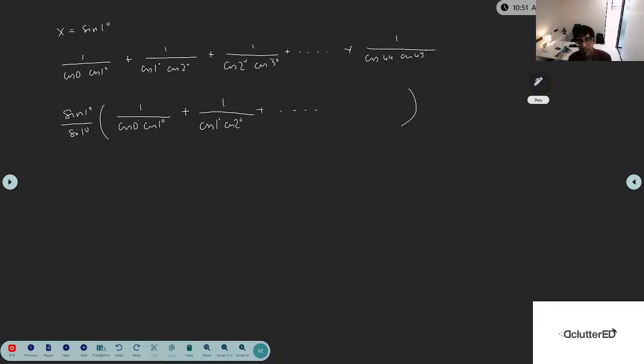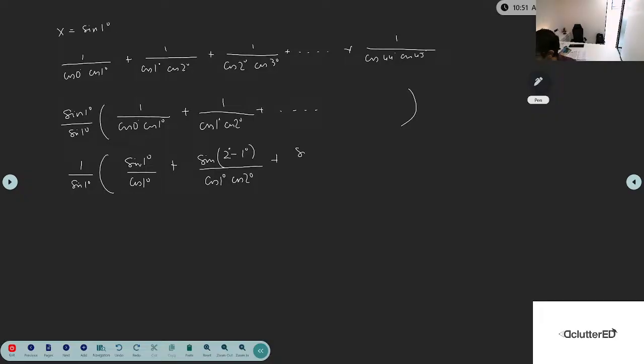till my last term. And I can write this finally as 1 by sine 1 degrees into sine 1 degrees by cos 1 degrees because cos 0 is 1, plus sine of 2 minus 1 divided by cos 1 degrees cos 2 degrees plus sine of 3 minus 2 divided by cos 3 degrees cos 2 degrees plus so on plus sine of 45 degrees minus 44 degrees over cos 44 degrees cos 45 degrees.